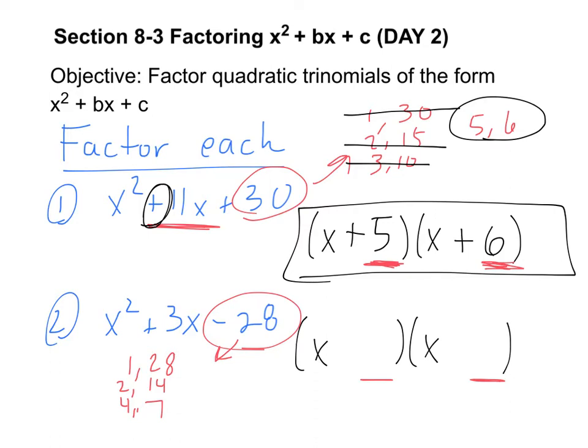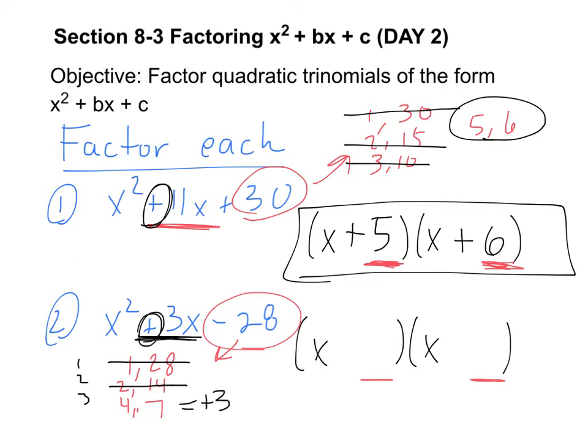So looking at this, I have 3 sets of factors. I need a positive 3 in the middle. So can I even fathom getting 3 from 1 and 28? No. What about 2 and 14? No. But wait a minute, 4 and 7, I can get a 3 from that.